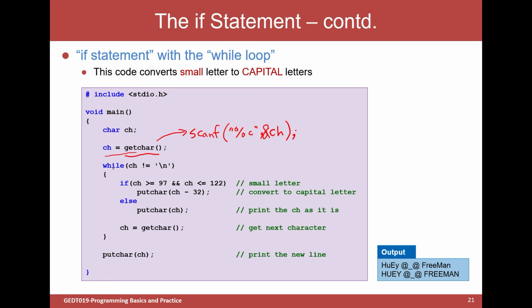I'm checking it while the character is not enter. A new line means enter. If the character is not equal to enter, I keep looping. If the character is more than 97 and the character is less than 122, that means it's between a small letter and z small letter, then in this case put on the screen.